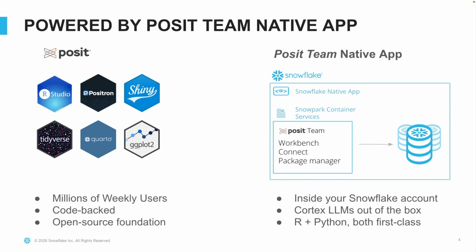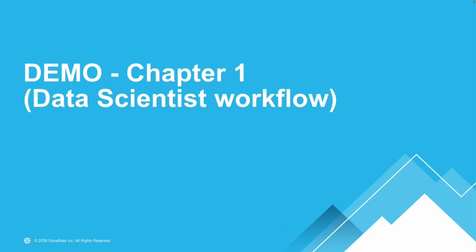And one thing worth calling out explicitly is this is the only managed R runtime on Snowflake. Python and R both are first-class citizens, which makes it the only place on Snowflake where your multilingual data science teams have a home. Okay, let's move to the demo.